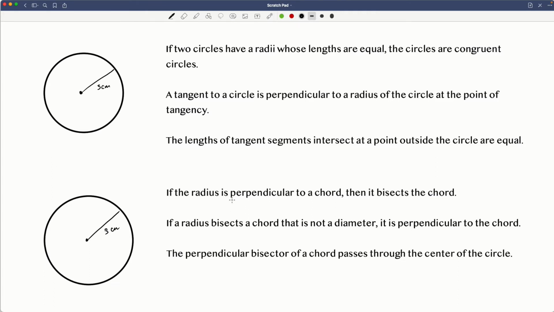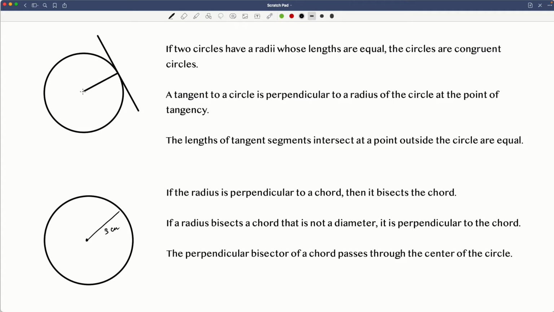A tangent to a circle is perpendicular to a radius of the circle at the point of tangency. So all that means is when you have a tangent here, let me put that tangent right there. I'm going to erase this right here, just temporarily. We put this to the center, or about thereabouts.